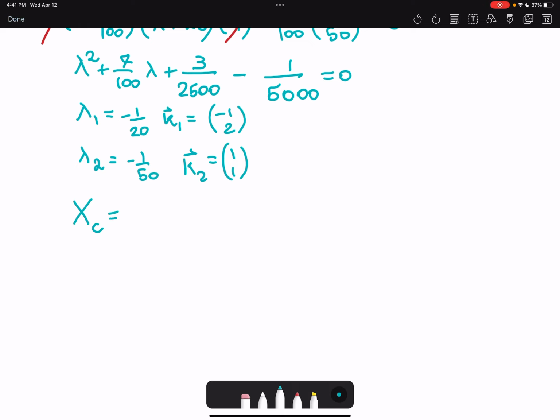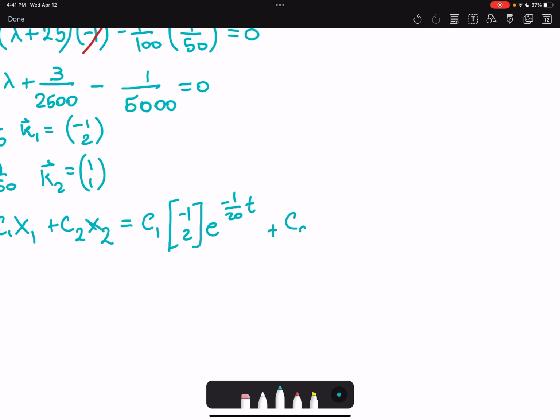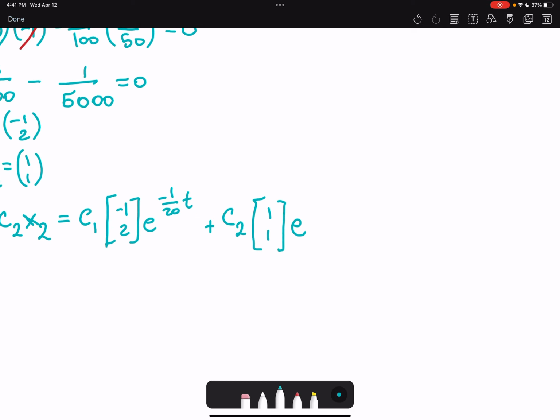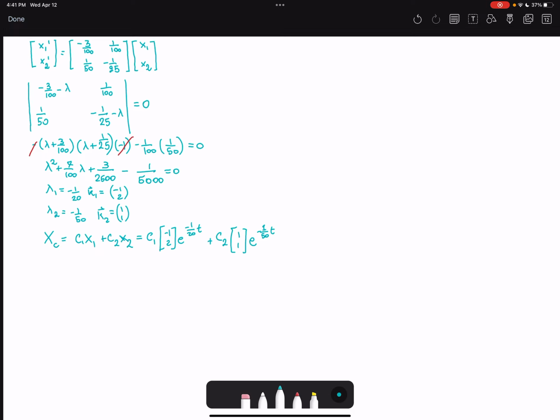So the complementary solution is c1 x1 plus c2 x2, which is equal to c1 times k1, which is the vector negative 1, 2, times e to the negative 1 over 20 t, plus c2, vector 1, 1, times e to the negative 1 over 50 t. This is going to be your complementary solution.